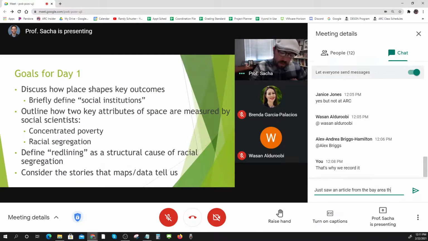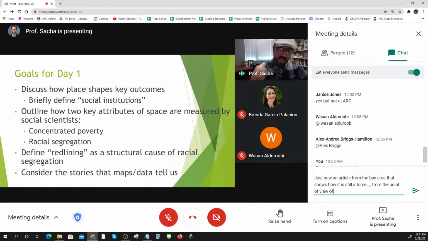And then if we have time, I'm not totally sure we're going to be able to get to maps and Social Explorer today, but I'm hoping that we can stick the landing and end with a real quick introduction to the Social Explorer software and the utility of it in helping us identify geographic locations that show signs of racial segregation and poverty concentration that might require some kind of unique intervention, right?